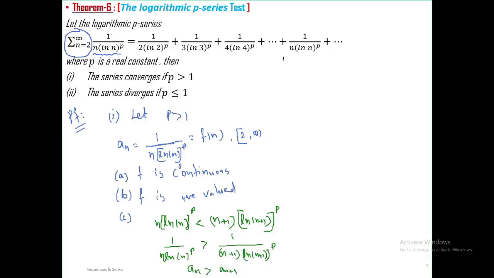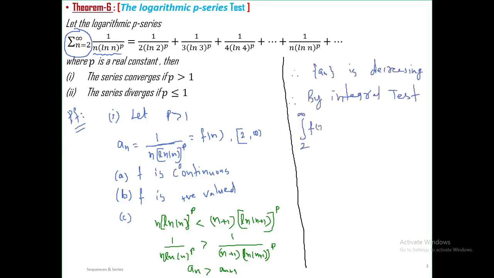So once it is decreasing, then I can apply the integral test as I did in the P series test. Same similar thing. So therefore the sequence a_n is decreasing. Once it is decreasing, all three conditions are satisfied. So therefore we can apply the integral test.